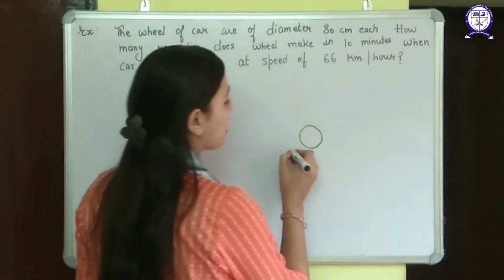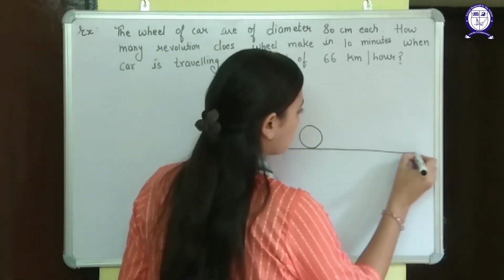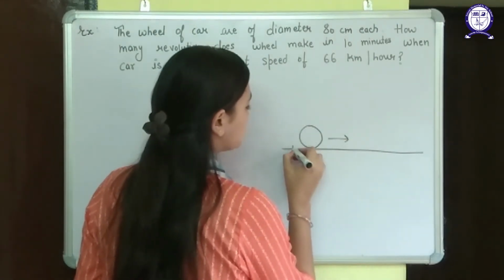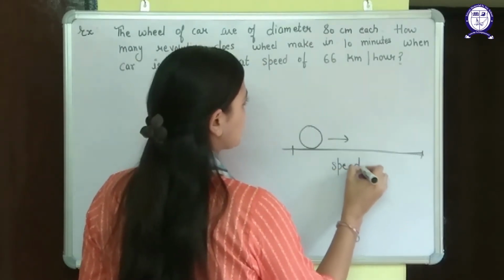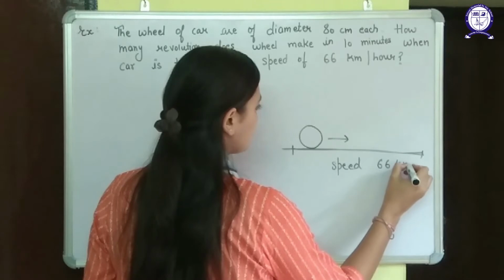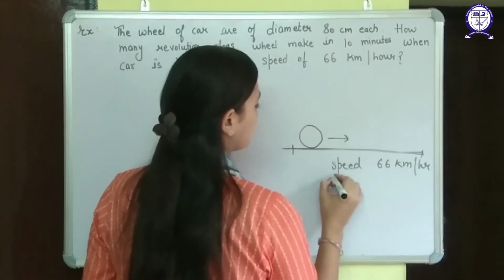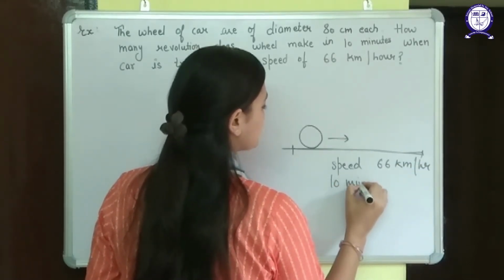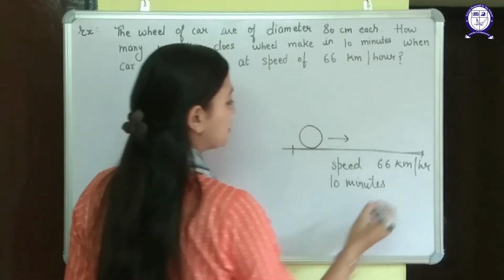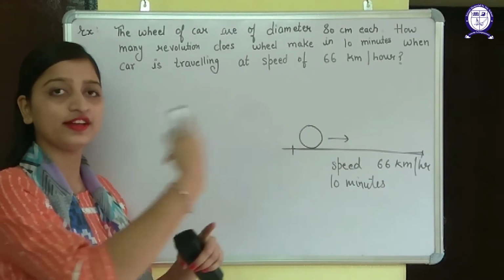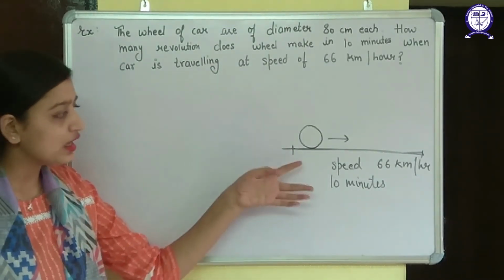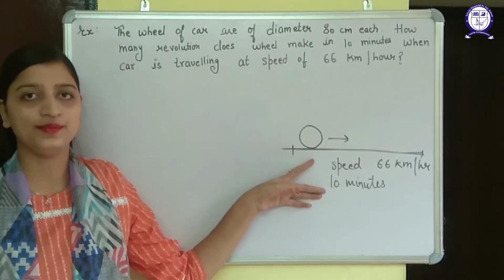Now it says that the car is moving, and it has the speed 66 km per hour, and after 10 minutes we need to find its number of revolutions, that is how many times the wheel will revolve to cover the distance covered in 10 minutes.